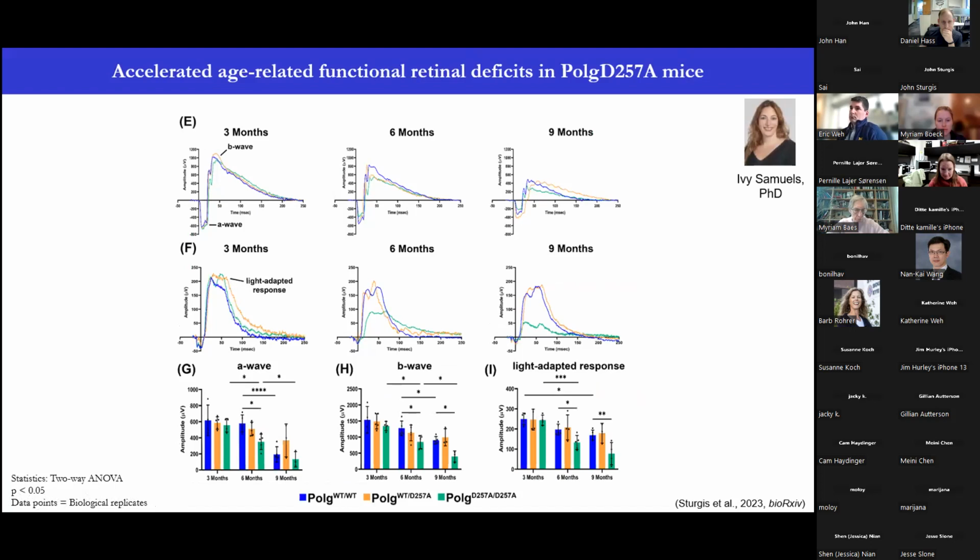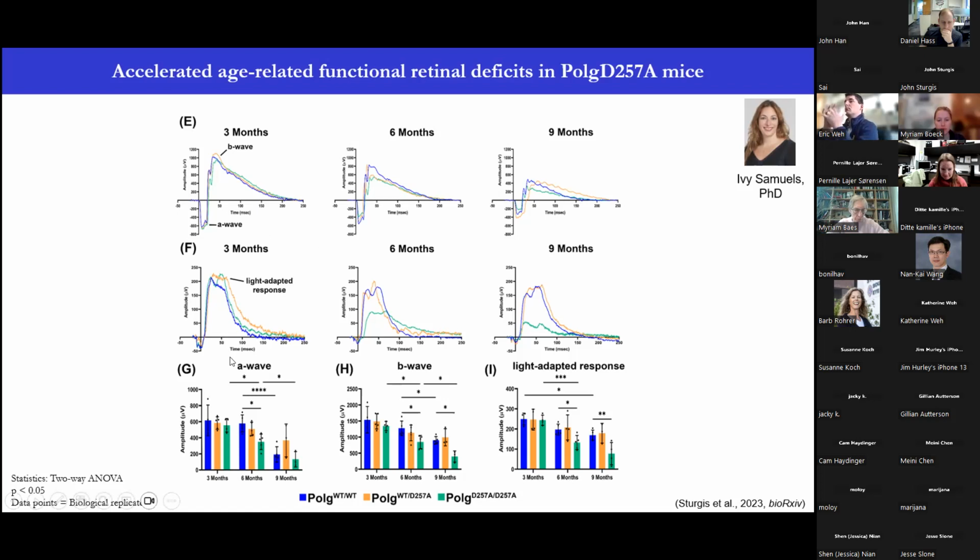Moving on now from the morphological data, we next performed ERGs. These test more of the functionality of several retinal cells. We also wanted to try this just to see how the physiology of the eye was being impacted. What you can see is that these are waveforms, I'm sure we're all aware, but each peak represents a different response.